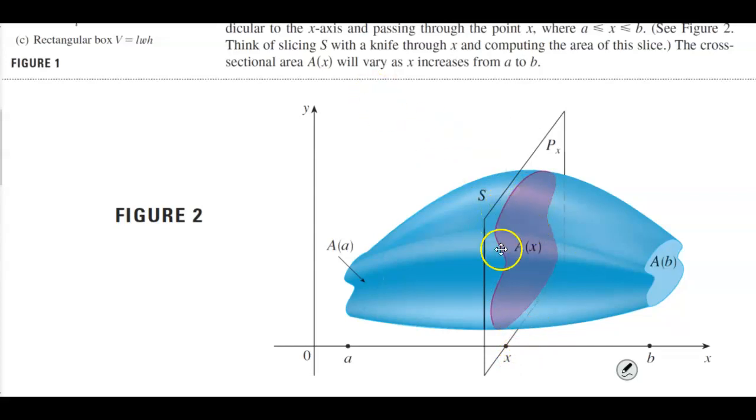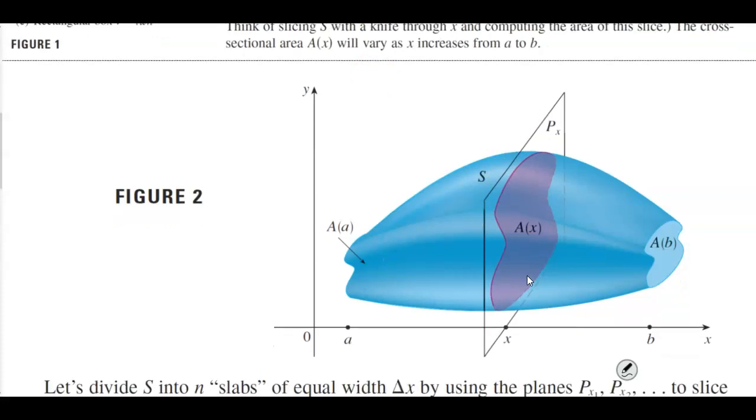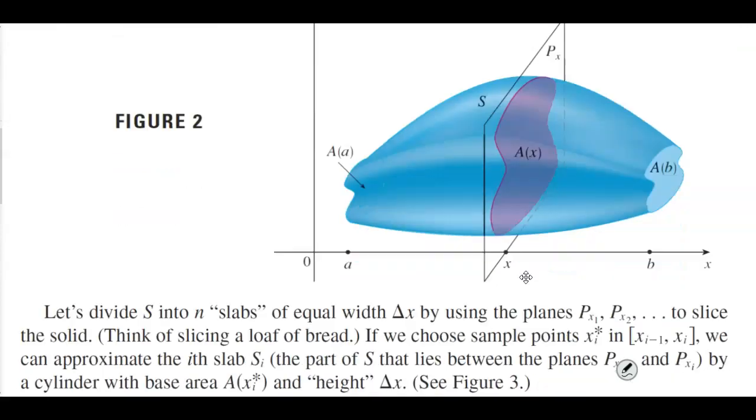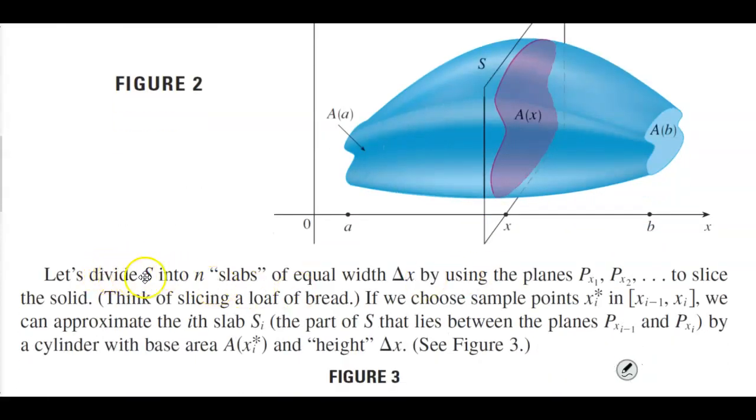The cross-sectional area A of x will vary as x increases from a to b. Now, we divide S into n slabs of equal width delta x by using the planes Px1, Px2, and so on, to slice the solid. Think of this as a loaf of bread that you're cutting into slices.